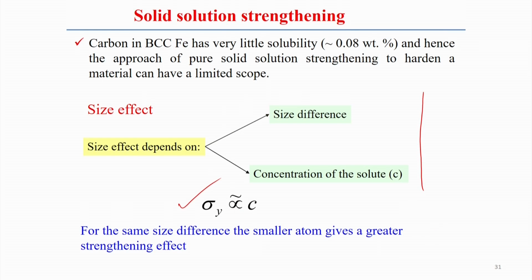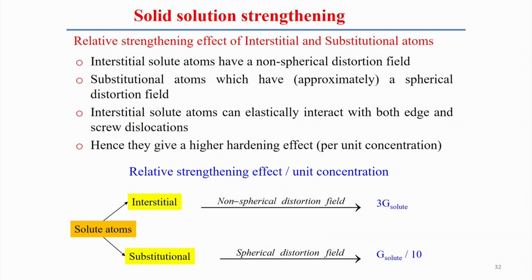Now, for the same size difference, a smaller atom gives a greater strengthening effect compared to a bigger atom. So the size difference is a secondary point, while the primary one is the concentration of the solute, which of course is limited up to the solubility limit. We can do further analysis of that mechanism of solid solution. Here you can see that the relative strength effect can be represented with interstitial and substitutional atoms.